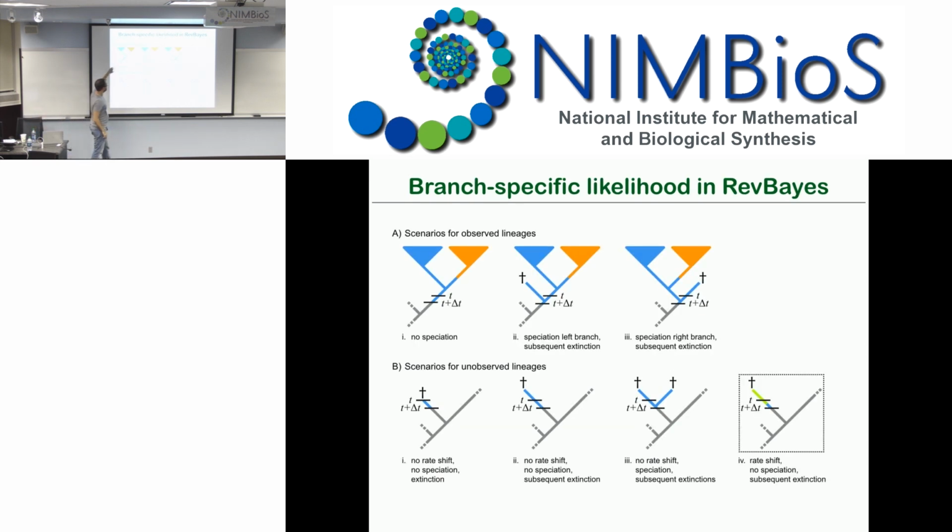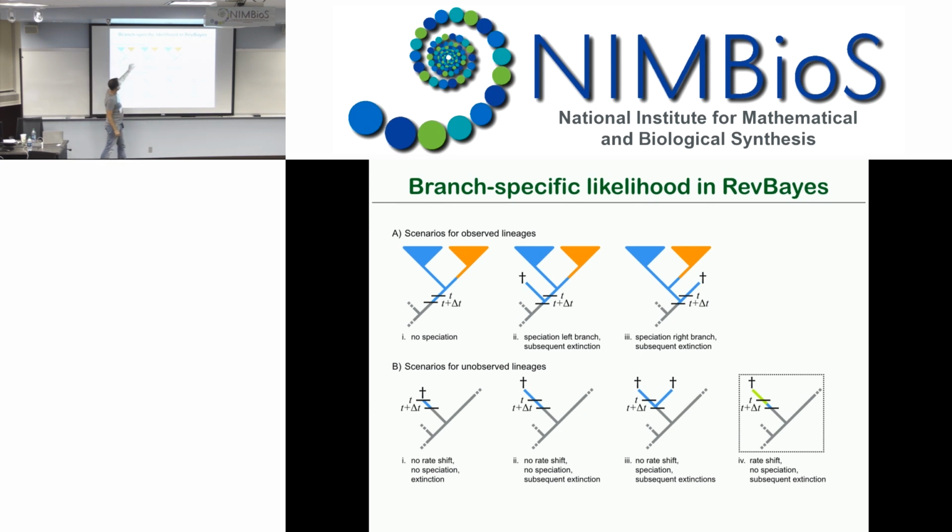The way that we're doing that is we're using exactly the same approach as in the BiSSE type, the binary state dependent speciation and extinction rate model, where we compute the probability that we observed a lineage using numerical integration. So in this example, we compute the probability that there was no speciation event, or that there was one speciation event and the left lineage went extinct, or that there was a speciation event and the right lineage went extinct.